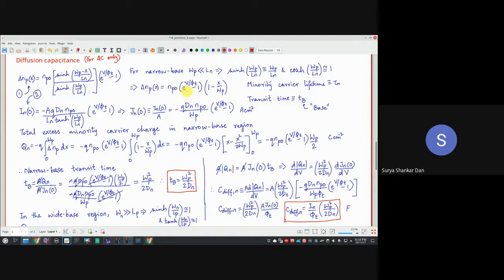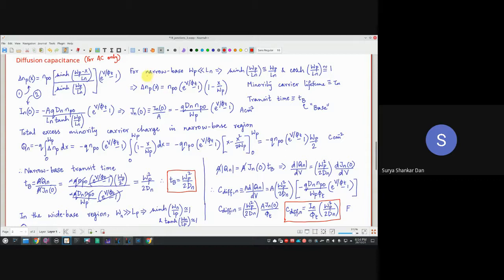That's why BiCMOS is actually used only in situations where we don't care about the power constraints, but we are mainly concerned about the performance. Okay. So even though normal BJTs are obsolete, in terms of BiCMOS, it is still there.